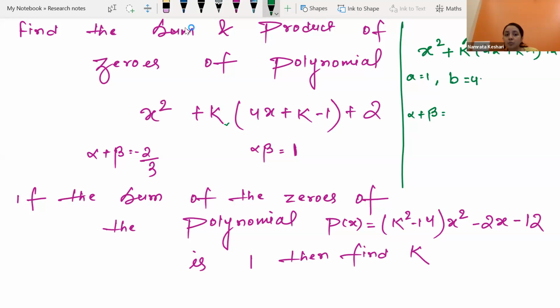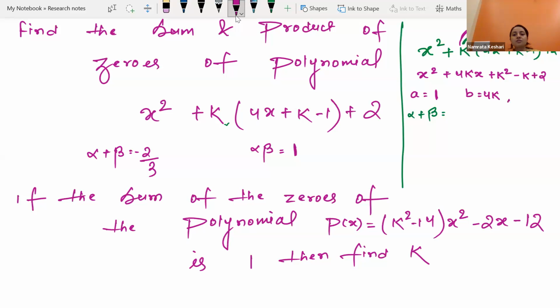If you want me to write one more step, I'll write it over here. x square plus 4kx. This k, we are going to apply the distributive property. It will be k square over here. K will get multiplied with this one also, so minus k plus 2. Now again, what is a, what is b, what is c? Coefficient of x square is a, that is 1. Coefficient of x is b, that is 4k.